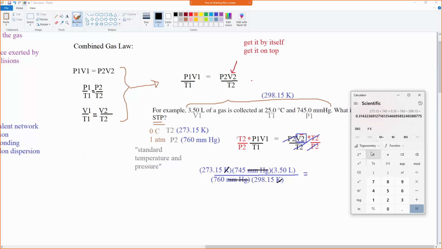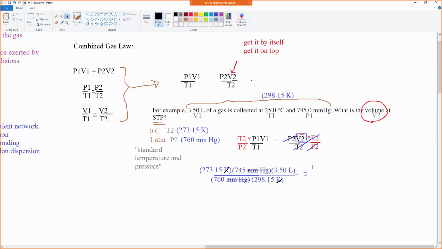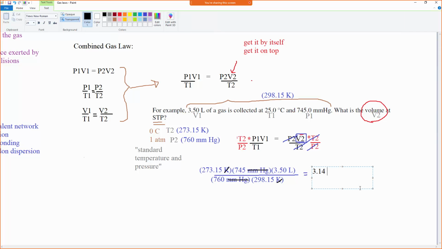And wait a second, oh, I did 0.35 and not 3.5. Okay, yes, I'm off by a factor of 10. 273.15 times 745 times 3.5, there we go, divided by 760 divided by 298.15, 3.14. You guys are right on, 3.14 liters.